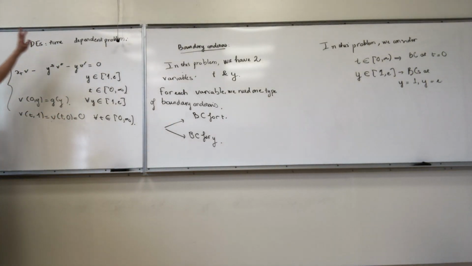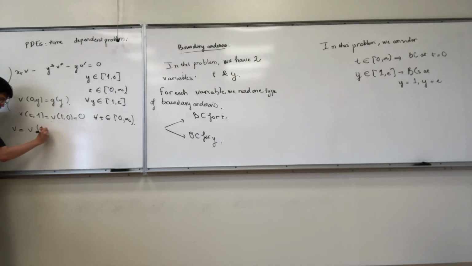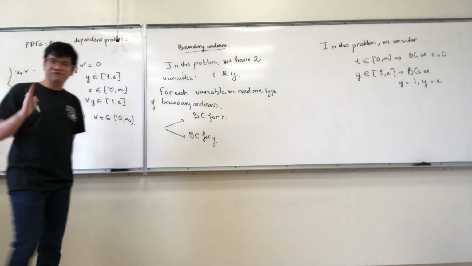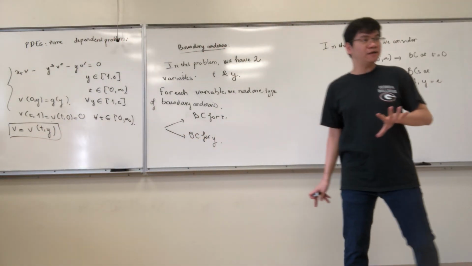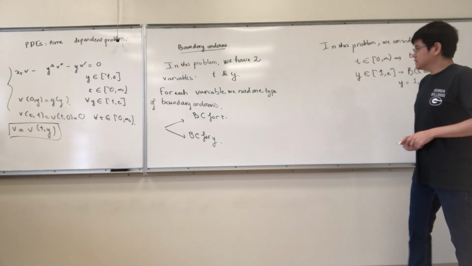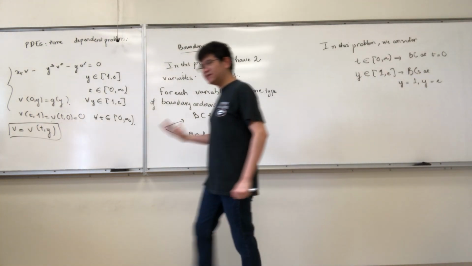In this problem, v is a function of t and y, right? Because v is a function of t and y, you need boundary conditions for both t and y.